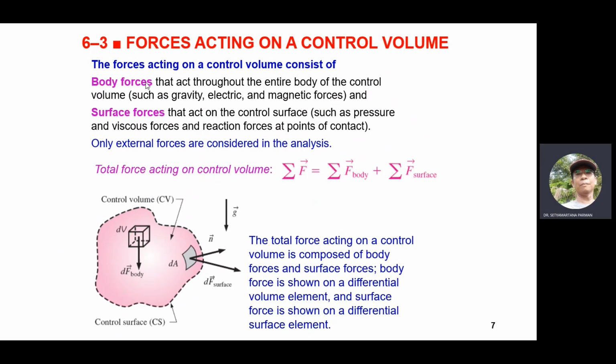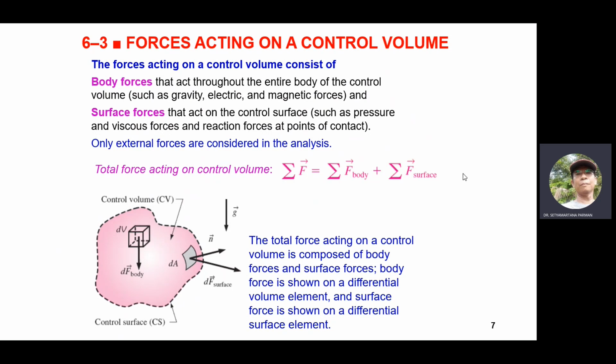The body forces act throughout the entire body of the control volume, such as gravity, electric, and magnetic forces, while the surface forces act on the control surface, such as pressure and viscous forces, and reaction forces at points of contact.